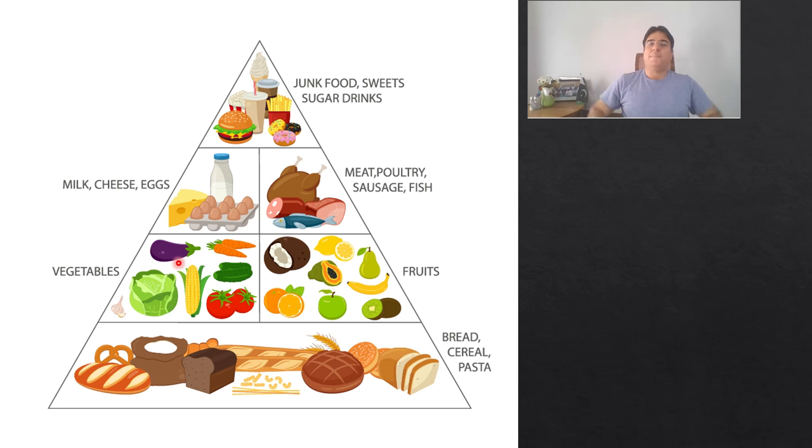And on the top, which is very, very small, unfortunately for many young people, they put this top one at the bottom. They will just want to flip this pyramid all around. Burgers, French fries, donuts, juices, ice cream, sugar. These are dangerous. They should be taken, but for very little.